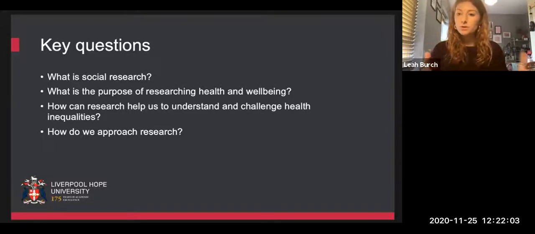So we've got the two main methodological approaches to research, which is qualitative and quantitative. But within those methodologies, we have different research assumptions and approaches to research. So what do we think of as data, for example? And then based upon what we think of as data, how do we then go and collect that data?